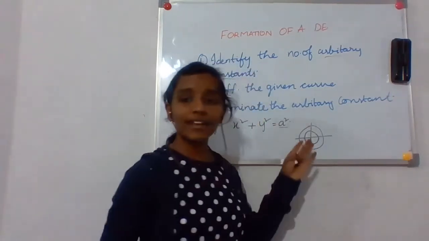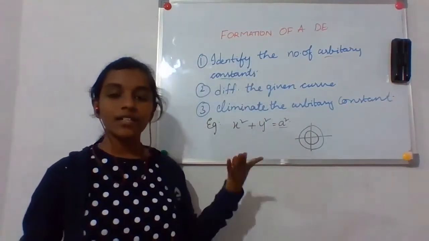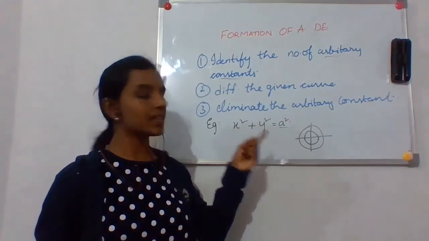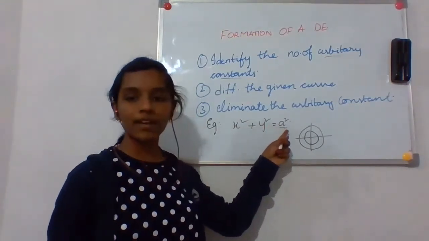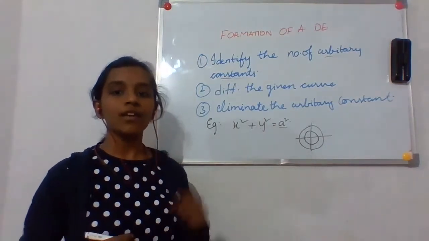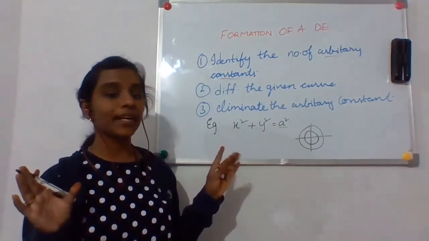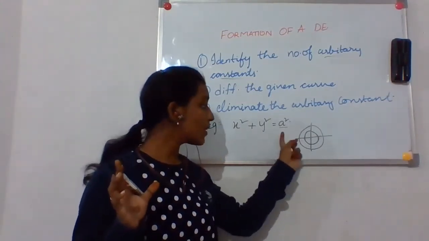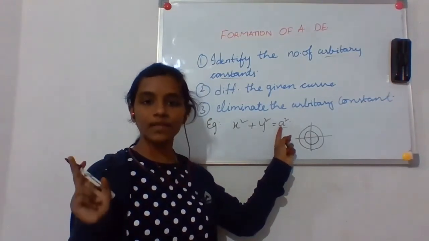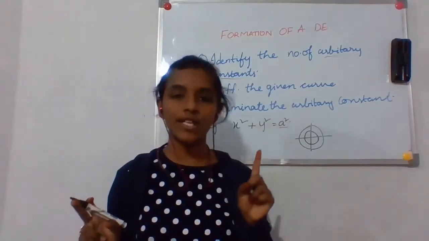So here the radius is changing, right? So the radius is the arbitrary constant. Here we took a as the radius. So here a square is the arbitrary constant. So we have identified the number of arbitrary constants. The number of arbitrary constants in this equation is 1, that is a square. Only one arbitrary constant is present here.